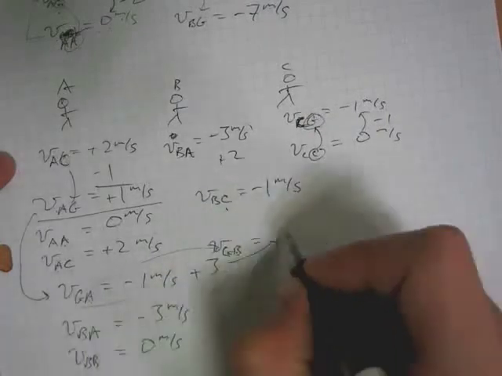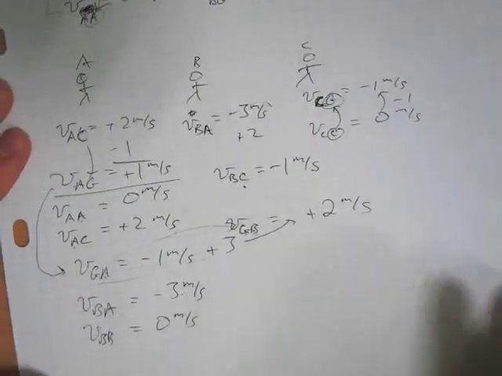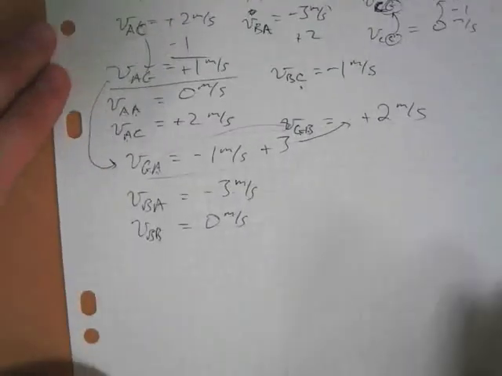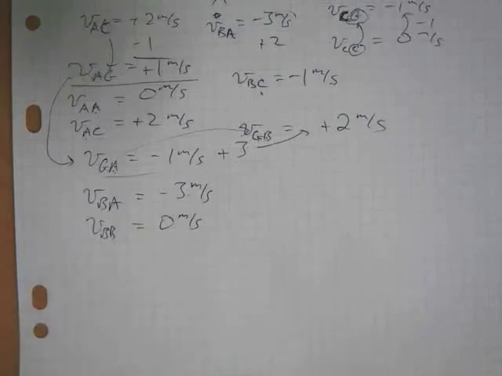So velocity of ground relative to B is plus 2 meters per second. So that's kind of the idea of how relative velocity works. In class, I'm going to take some time to go through some problems and see if you guys can figure it out, and also to do a little bit of this in 2 dimensions. But hopefully that gets you the basic concept, and we can go from there.